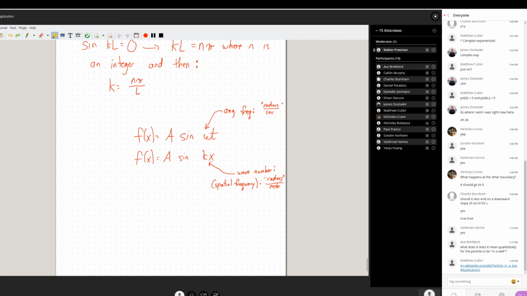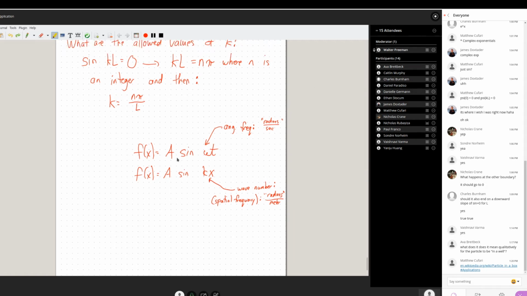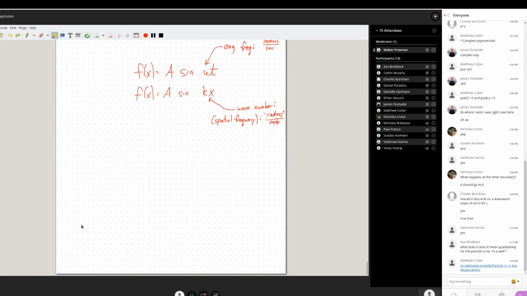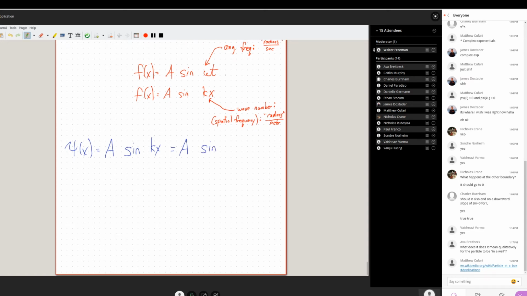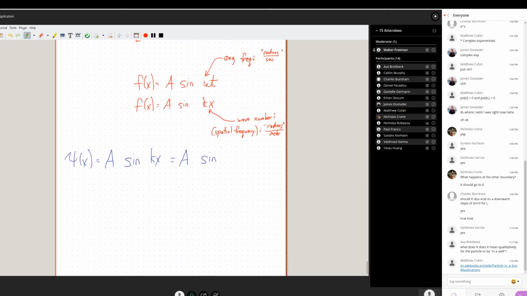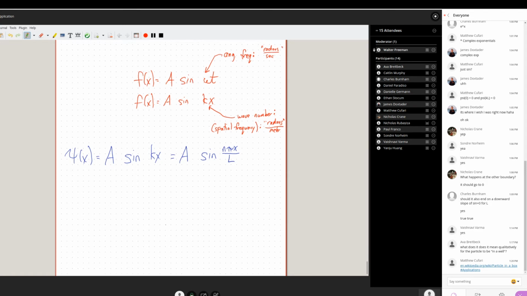So, continuing where we were, I should switch back to my pencil tool. We know that psi of x is some amplitude times the sine of kx, but we now know what k is. k is n pi over L. That formula may look real familiar to those who took physics of music or physics 307 with me.